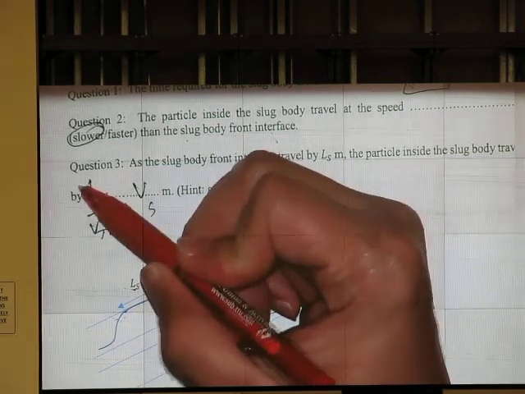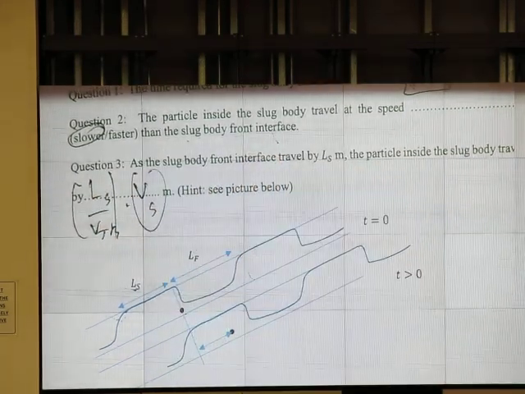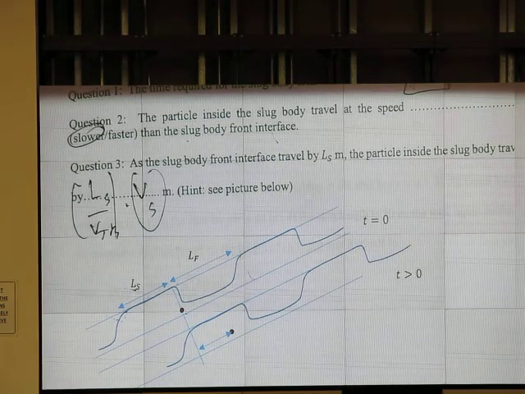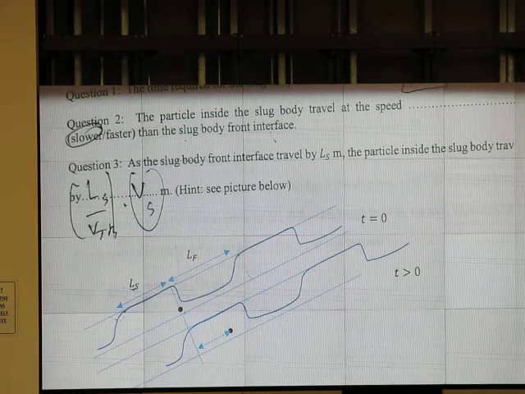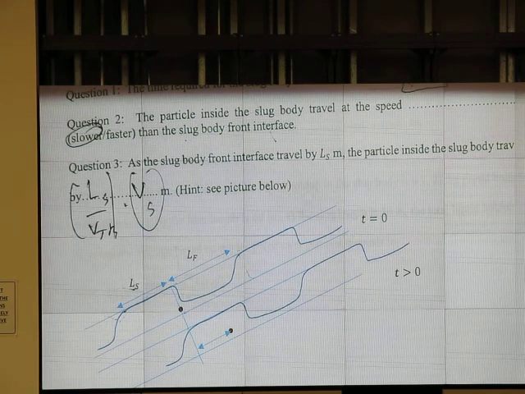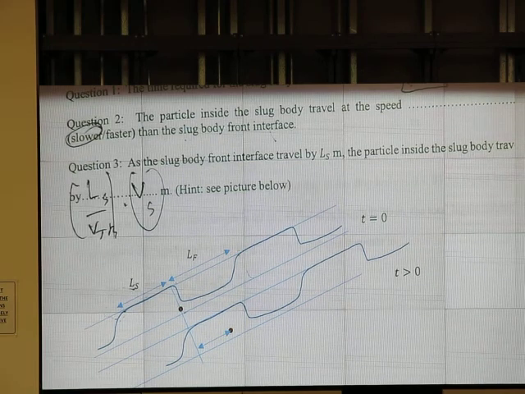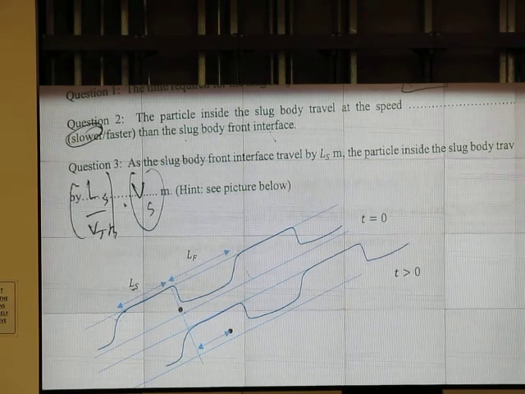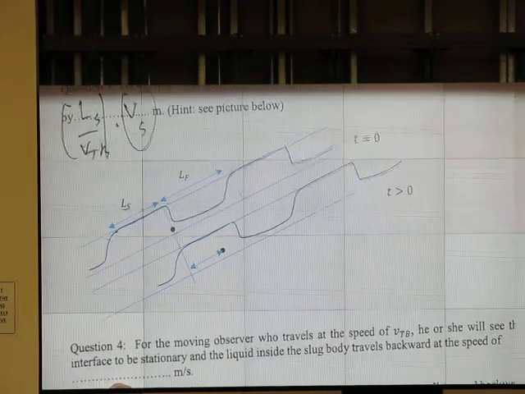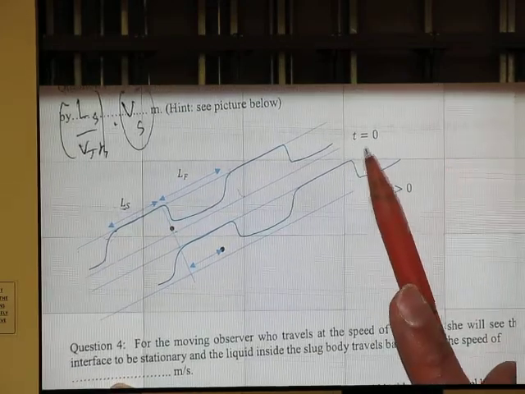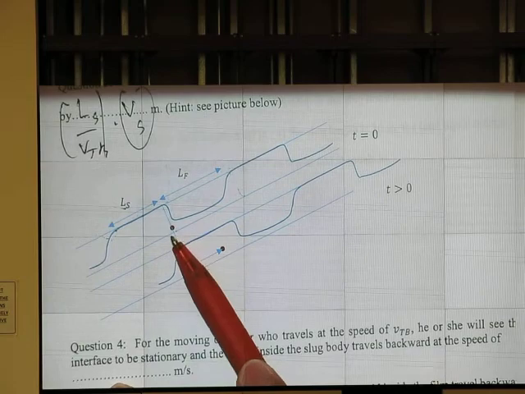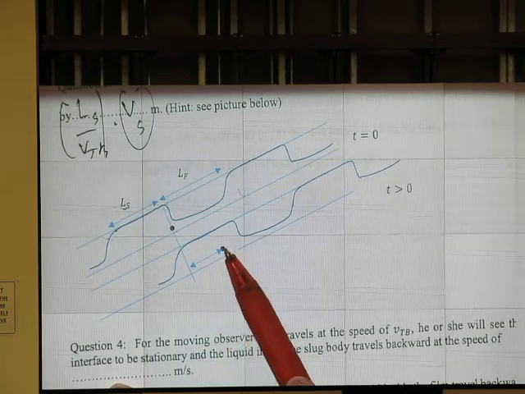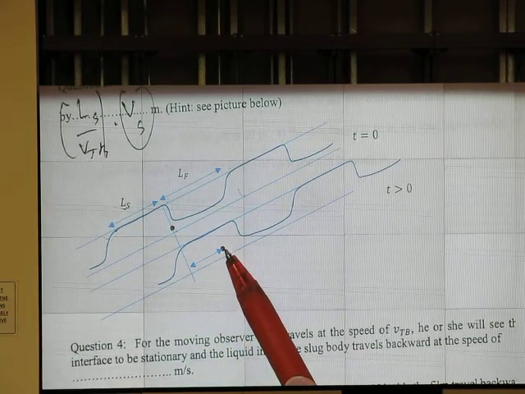It's just the time multiplied by velocity. Once you finish this example, you should get a complete understanding of how slug flow works. Okay, this is a diagram. T equals 0, T greater than 0. The front moves faster, but the liquid particle inside moves slower.